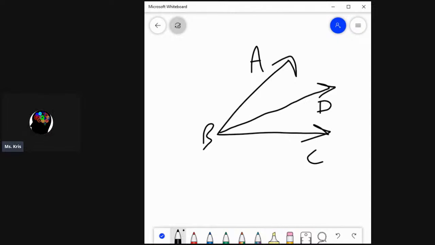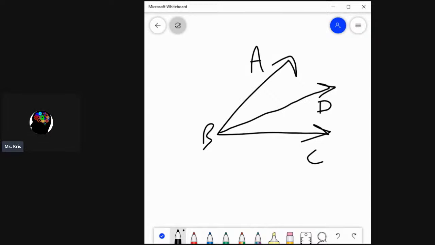So, two angles that are adjacent, they have a common vertex and a common side.